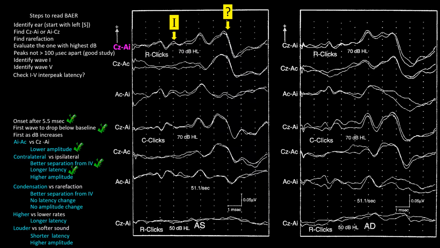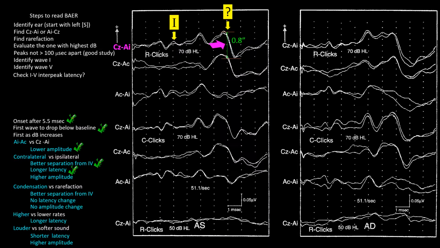Next, we address the issue of contralateral versus ipsilateral amplitude. The amplitude of the real wave 5 from the contralateral side to the stimulation should be higher than that of the ipsilateral wave in order to support the putative wave 5 being real.